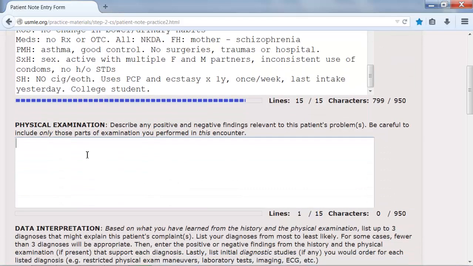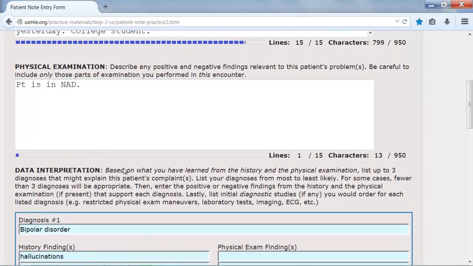Now we go to our physical exam. And this part has to be very detailed. You have to describe patient appearance, his behavior, affect, mood, and this will help you to support your differentials later.